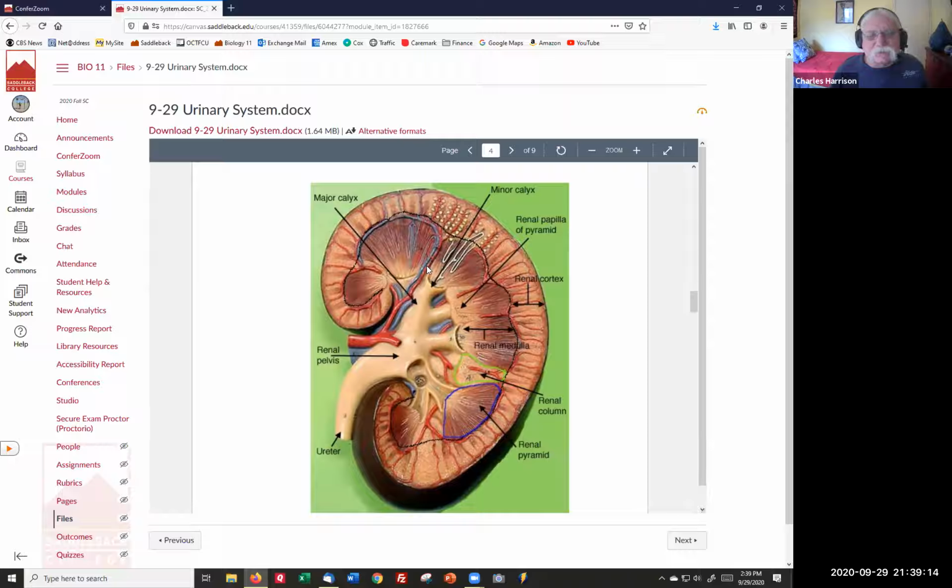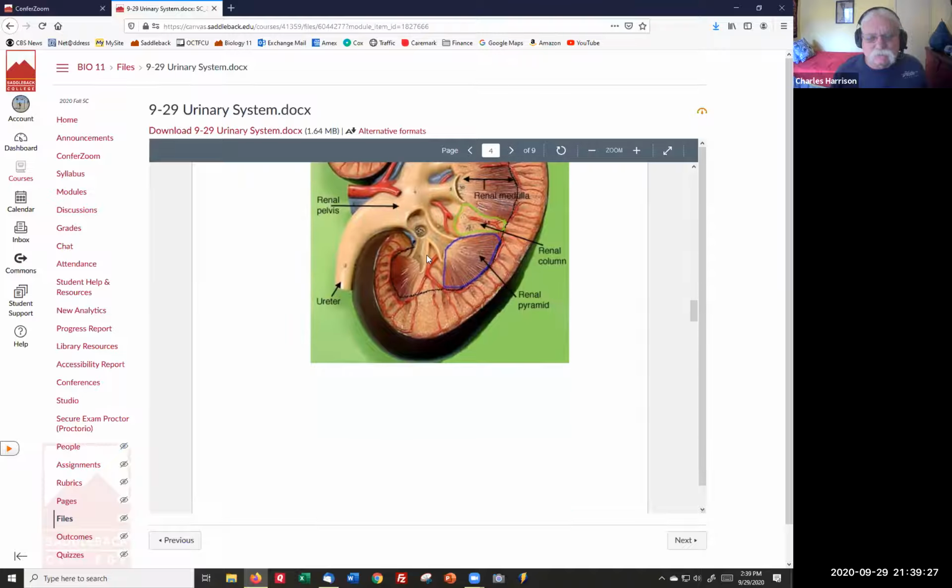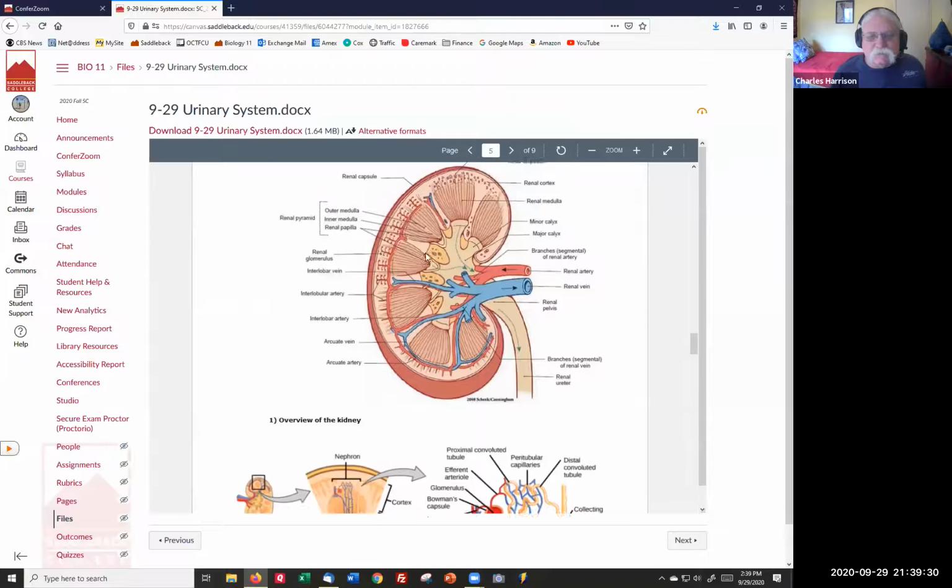It's also called the interlobar artery and vein. That is confusing to me too. But that's the way it is. I think it's safer just to call it lobar artery and vein.